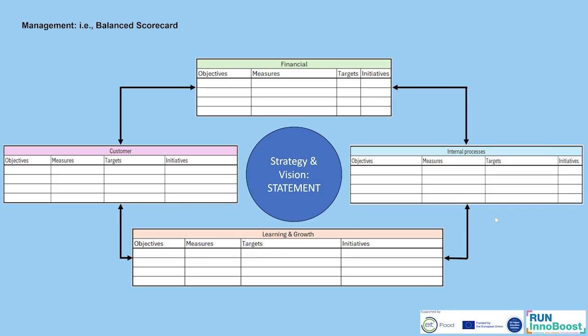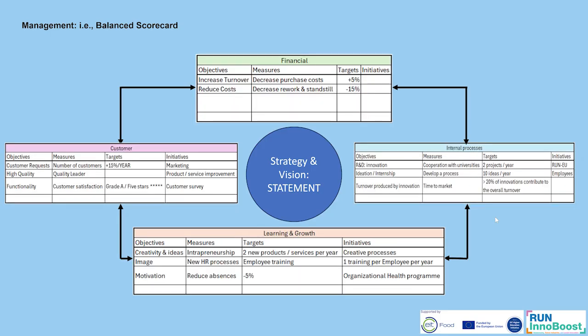How does a balanced scorecard look? That is just to exemplify. Starting from the top or from the bottom, it doesn't matter, I'm starting here from the bottom. The learning perspective objective would be to increase the creativity and the ideation of entrepreneurs, and a possible measure that could be implemented is an intrapreneurship system.